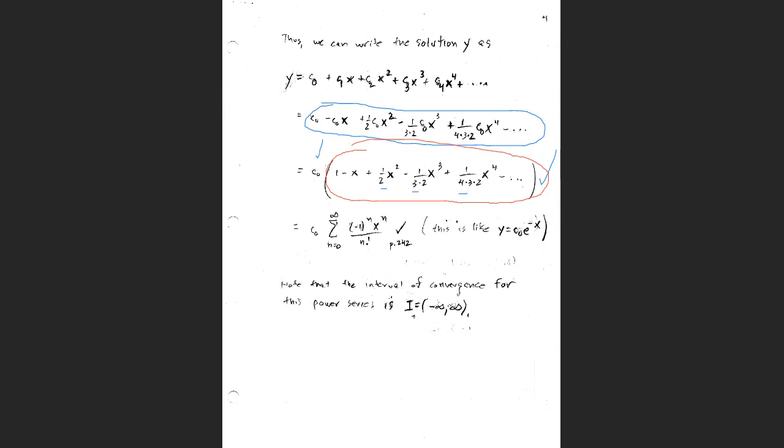And so y is going to equal this constant c sub 0 times this power series, where n equals 0 to infinity of -1 to the nth power times x to the nth over n factorial. Well, that power series is actually the power series for e to the negative x.